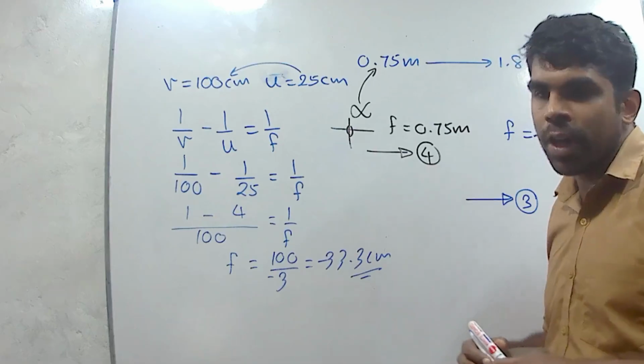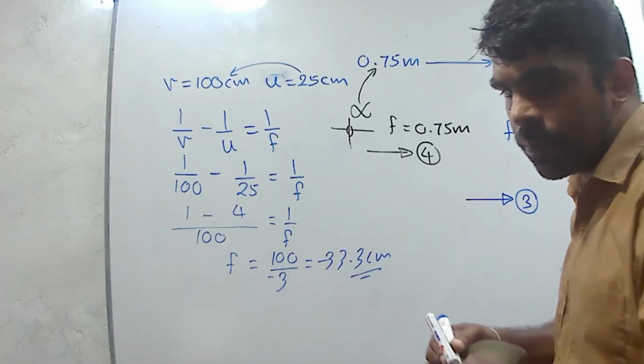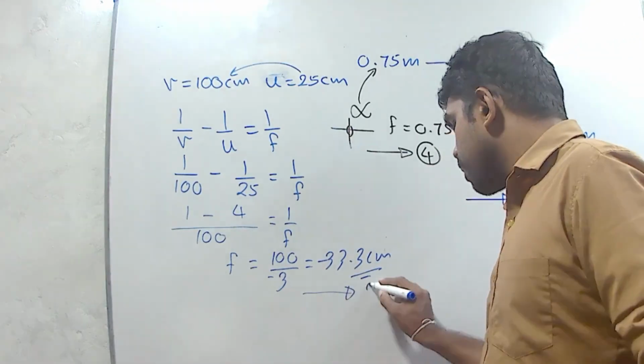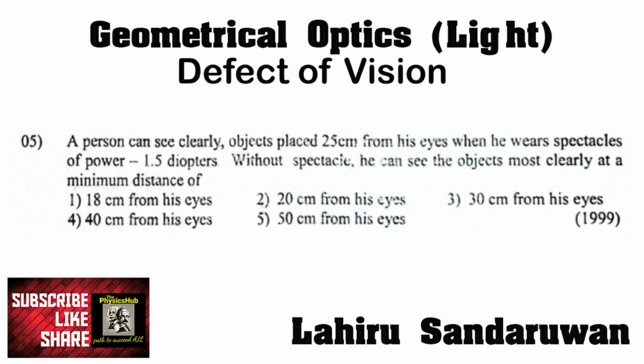Convex lens with focal length 33.3. Then the answer is C. A person can see clearly objects placed 25 centimeters from his eye when he wears spectacles of power minus 1.5 diopters.